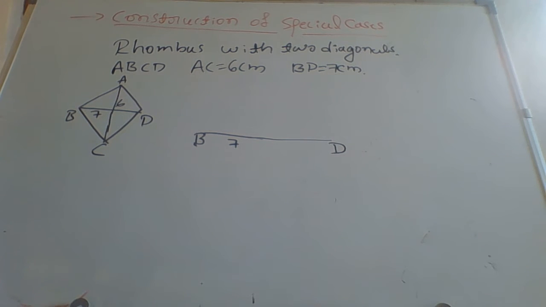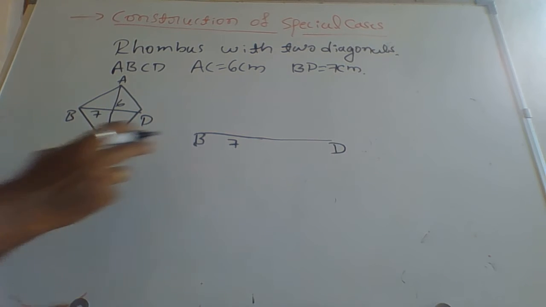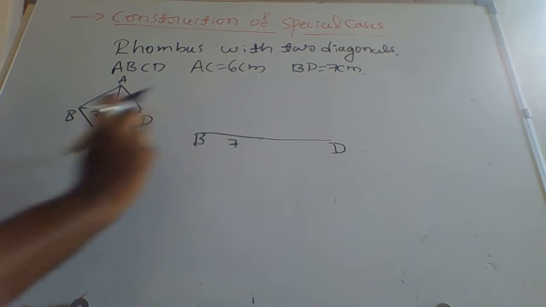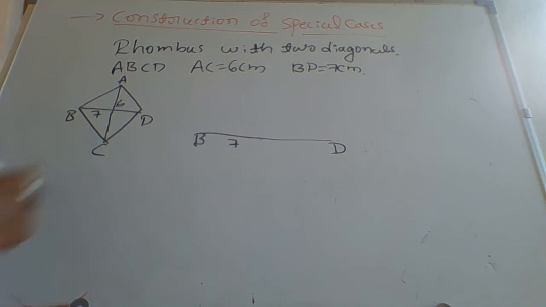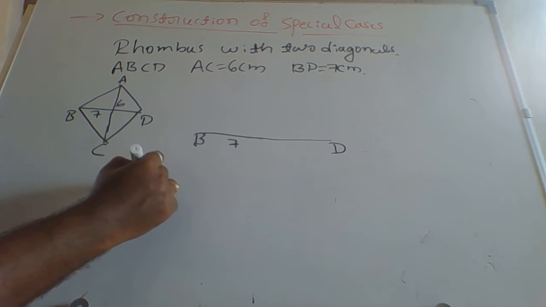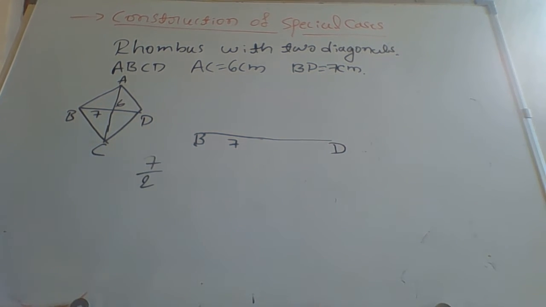To construct it, we know the property of diagonals in a rhombus: these diagonals bisect each other. This diagonal AC will divide diagonal BD into two parts. BD is 7 centimeters, and if you divide it into two parts, 7 by 2 gives 3.5 centimeters.